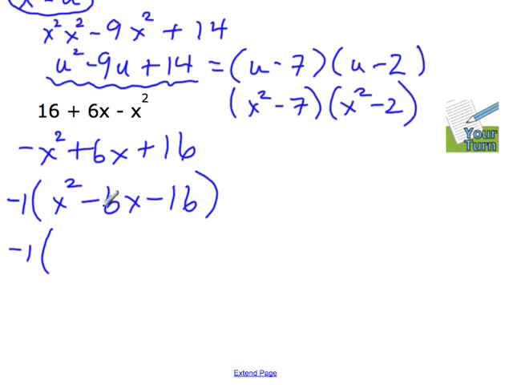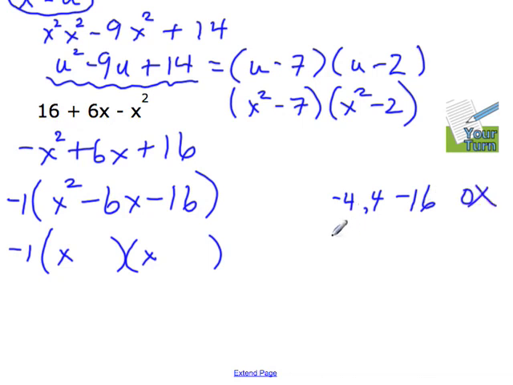And again, here's just a normal trinomial, so I could multiply it and go x, x, two numbers that multiply to a minus 16 and add to minus 6. I don't know, a minus 4 and 4. When I multiply those it's minus 16, when I add, well, it gives me 0. Yeah, that one doesn't work.